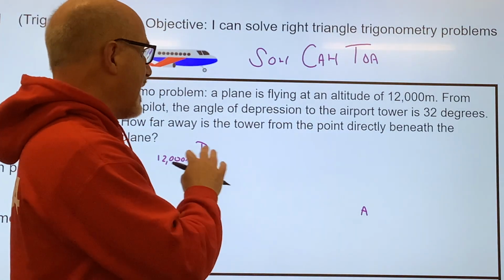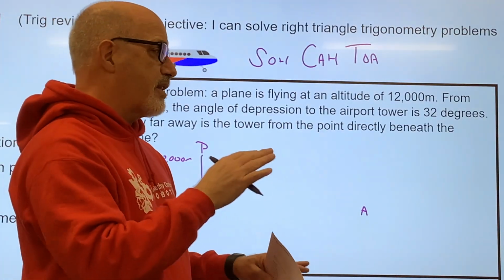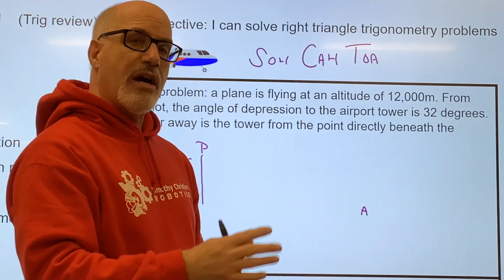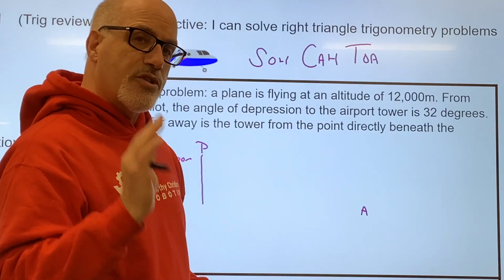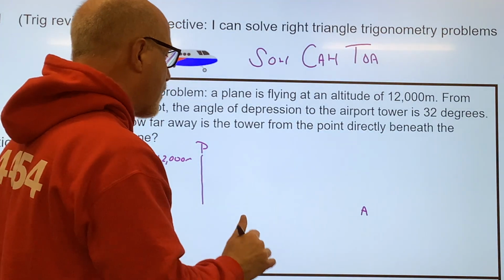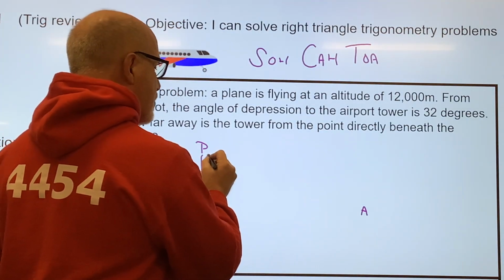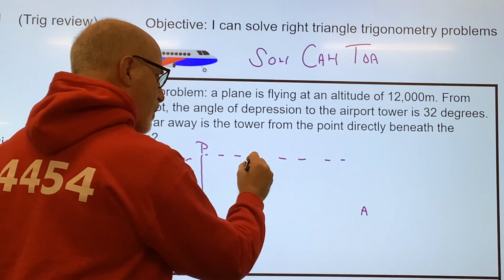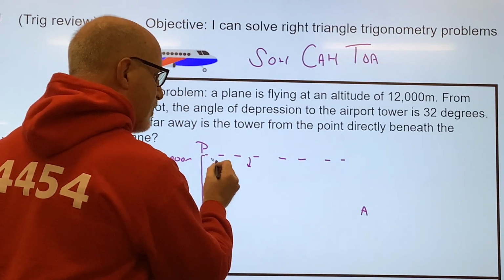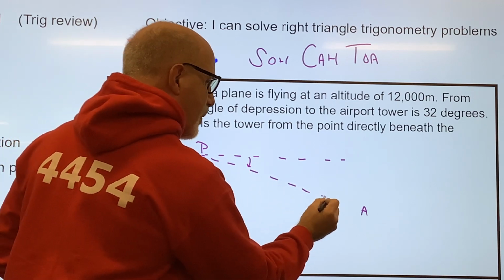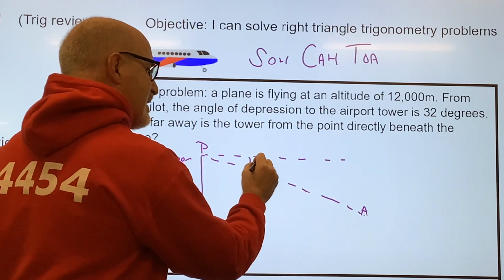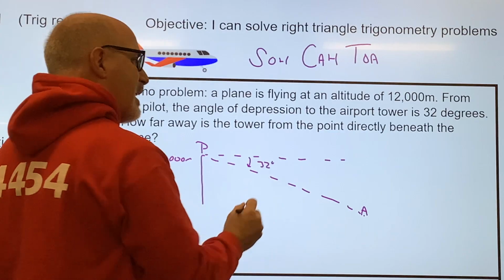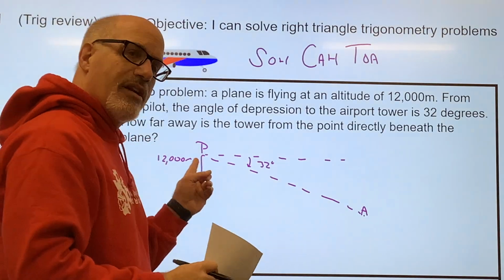Now it says the angle of depression from the plane to the airport tower is 32 degrees. Just recall, when you do an angle of depression, it's from looking straight out and then going down with that angle. So the angle down to the airport tower, this is the 32 degrees. The mistake people will make is to put it here instead.